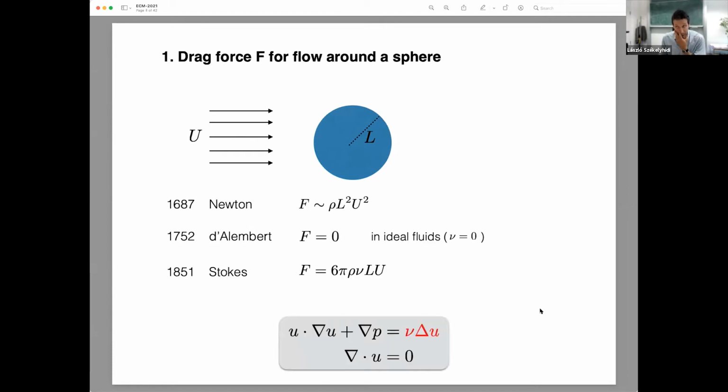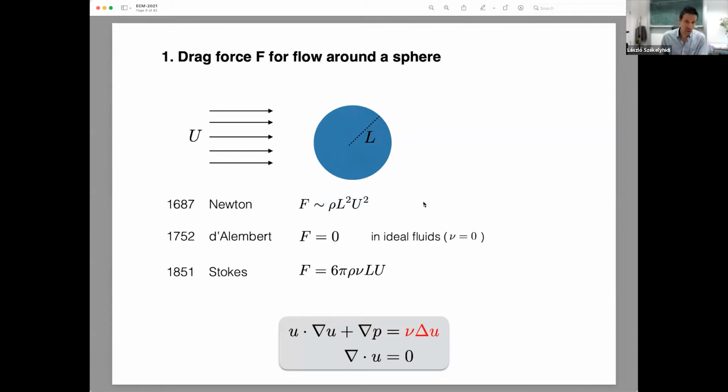Let me just say that Newton derived his formula based purely on, we would say today, dimensional analysis. He was making the assumption about what F can depend on, what physical quantities, and then this is the only proportionality ratio that agrees with correct dimensions.